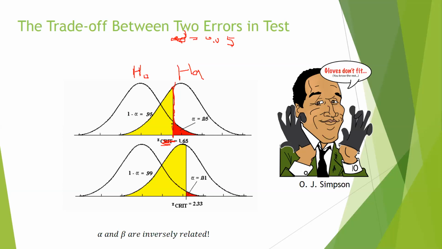Suppose this distribution is a normal distribution. When we use alpha equals 0.05, it means beyond this point, the area under the curve of the null distribution equals 0.05. Is that clear? And that alpha equals 0.05 means type 1 error. Can anyone help me explain why we call this an error, type 1 error?